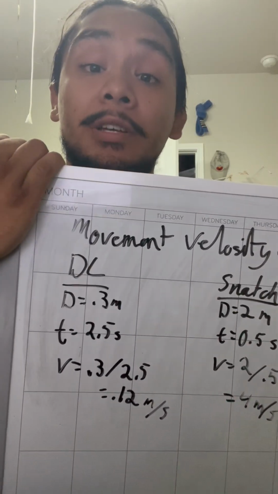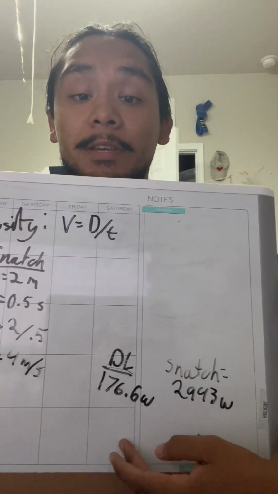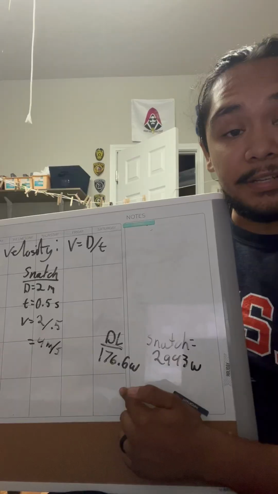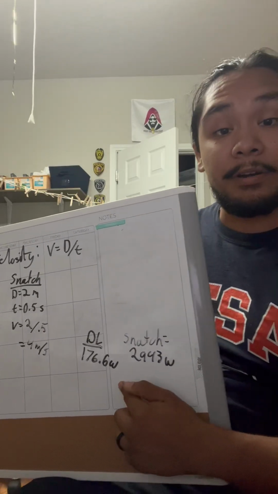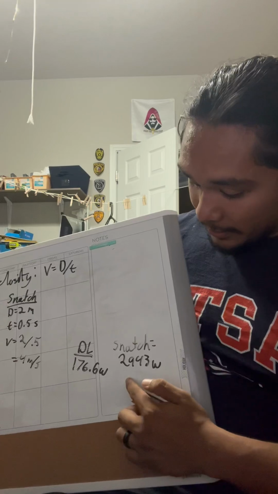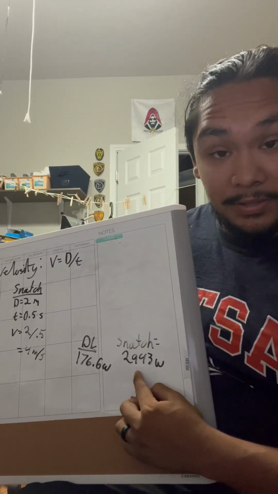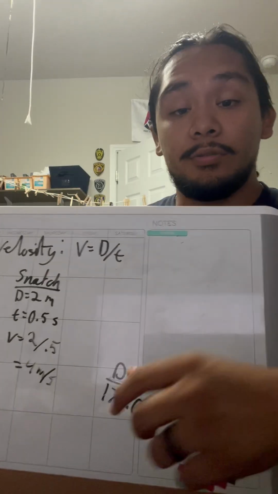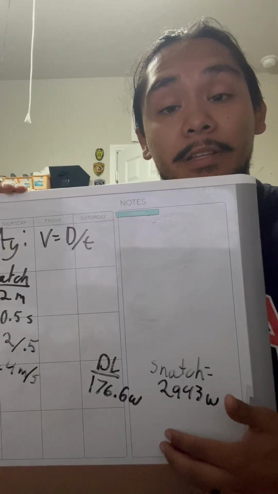To recap what we've done, we discovered the power output of the deadlift at 176.6 watts, with the power of the snatch being greater at 2,943 watts, showing that the snatch put out much more power than the deadlift.